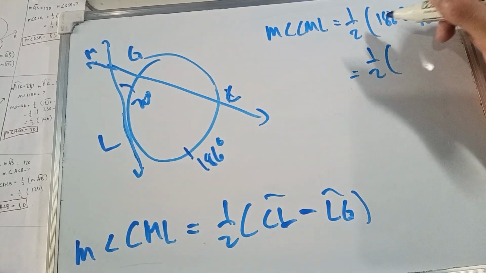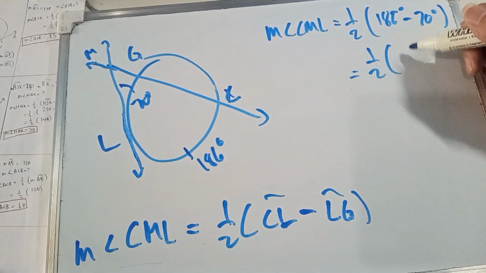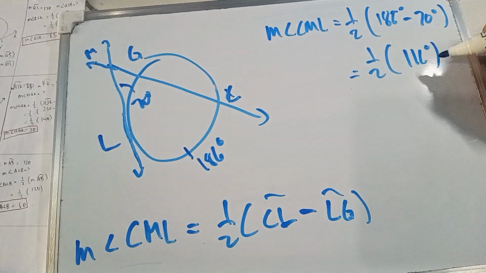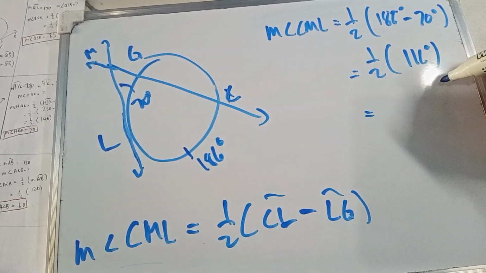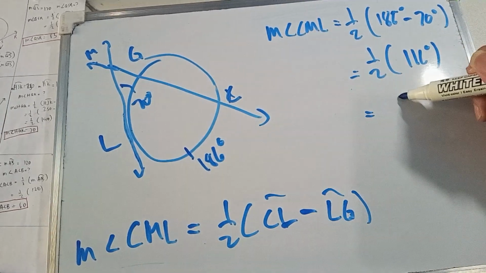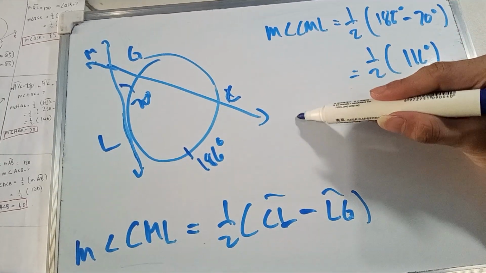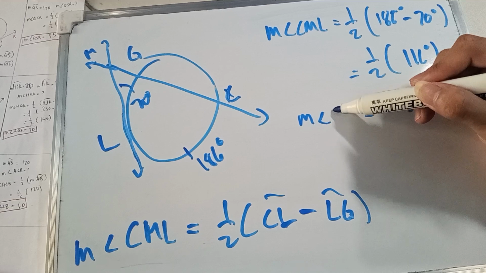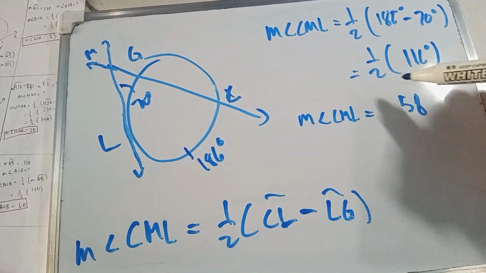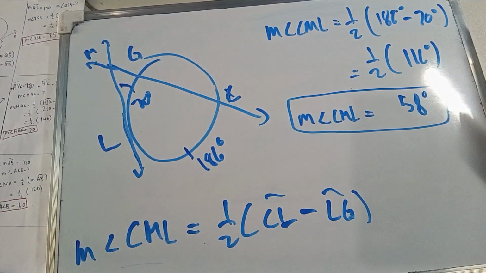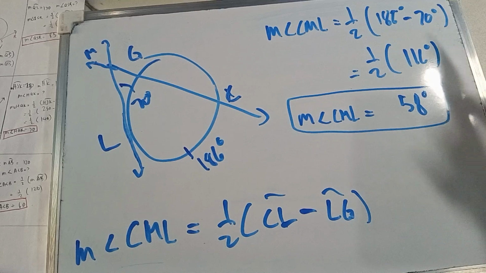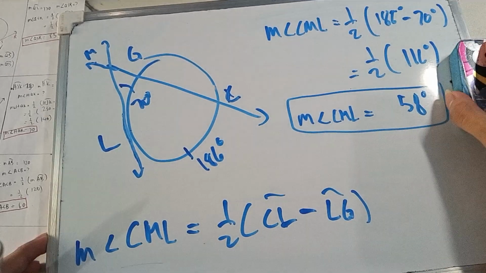So 1/2 of 186 minus 70, that is 116 degrees. And 1/2 multiplied to 116, that is 58. So therefore, our angle CML is 58 degrees. Okay, so on to our next theorem.